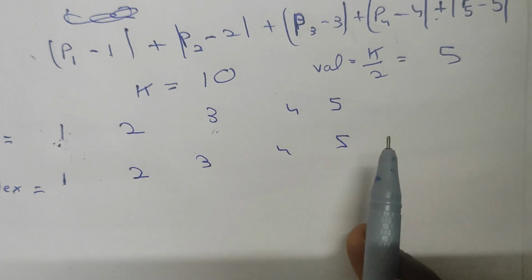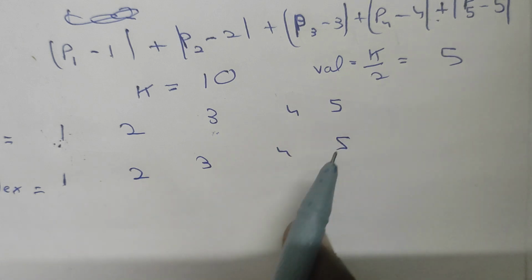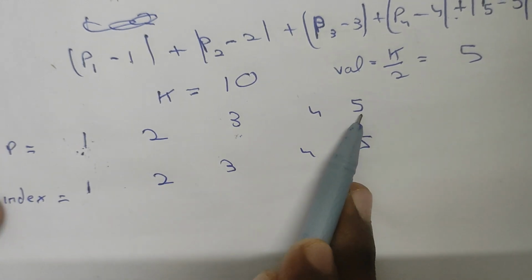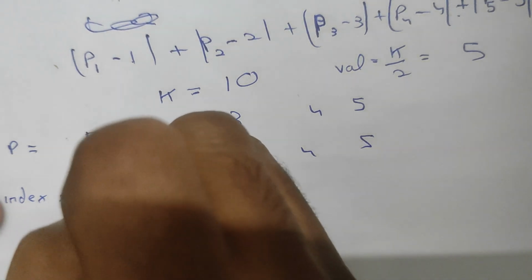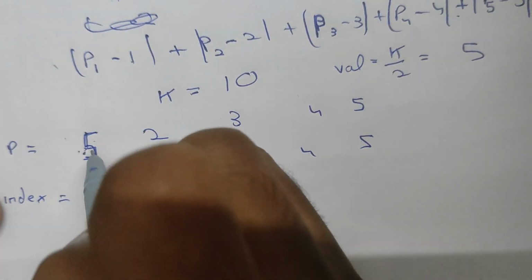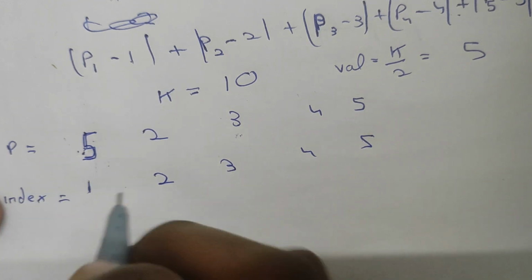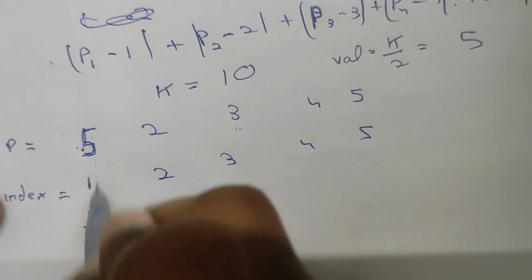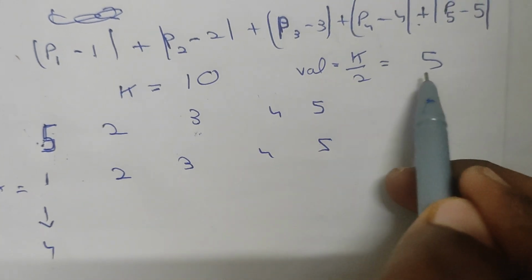From this observation we can see that if I swap 5 over to here, then 5 minus 1 will be equal to 4, right? So it will be the closest value that you will get to 5.